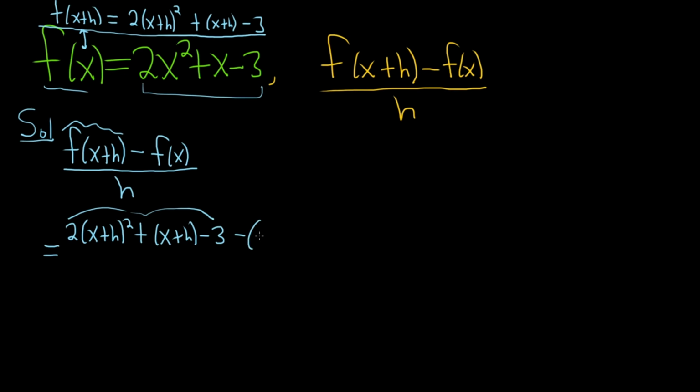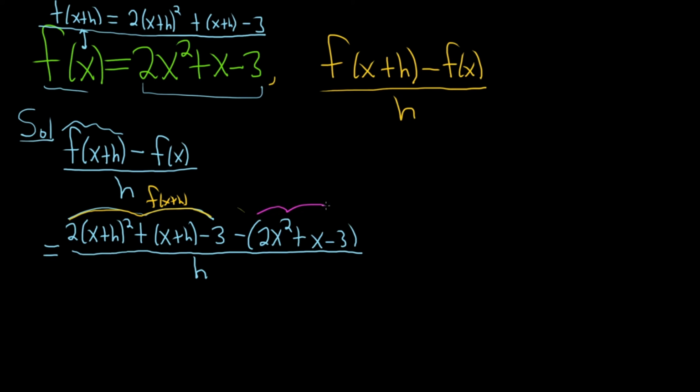So parentheses, really important because it's 3 terms: 2x squared plus x minus 3. Really, really careful. And it's all being divided by h. Okay, so this first piece here, in yellow, is f of x plus h. And then this piece here is f of x.